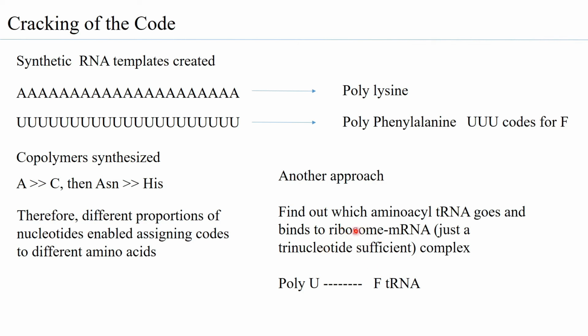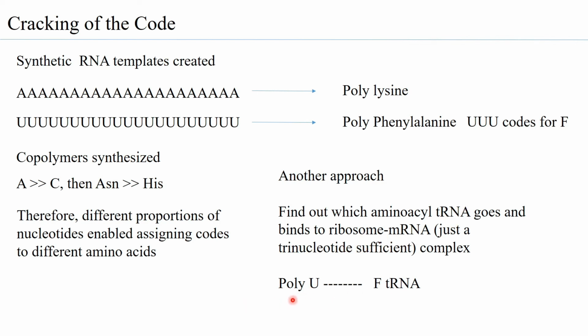When you have this ribosome-trinucleotide complex formed, you would observe which amino acid would come in, because the tRNA has the anticodon. So it can come and bind to this trinucleotide. Looking at which aminoacyl tRNA comes and binds to the ribosome-mRNA complex, it was concluded what the codon codes for.